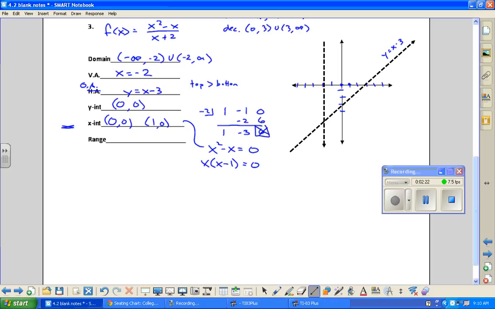So considering the options of what could be on the left side of the graph, we know that it's going to approach both these lines. So right here are two options. It could be like this, approaching it on the top half, or it could be like this, approaching them from the bottom half. Which one can it not be? Process of elimination.